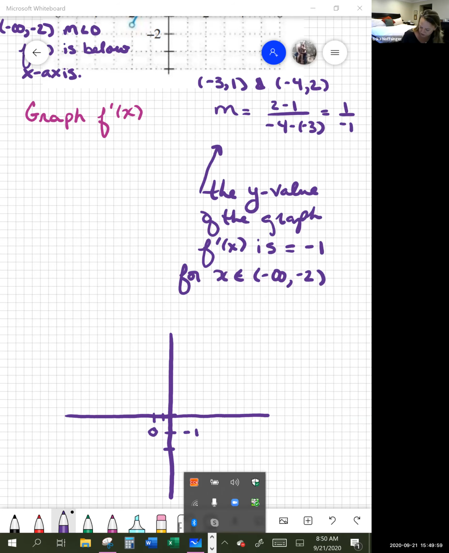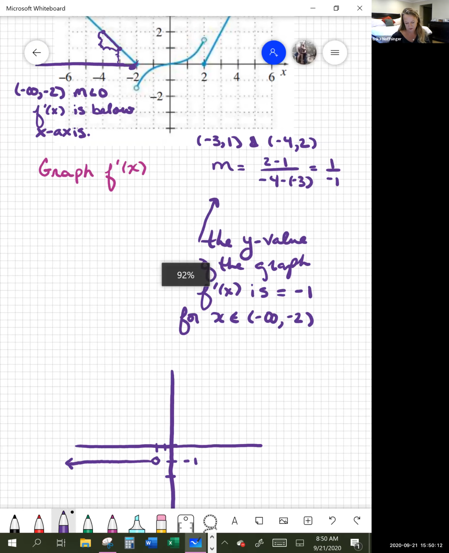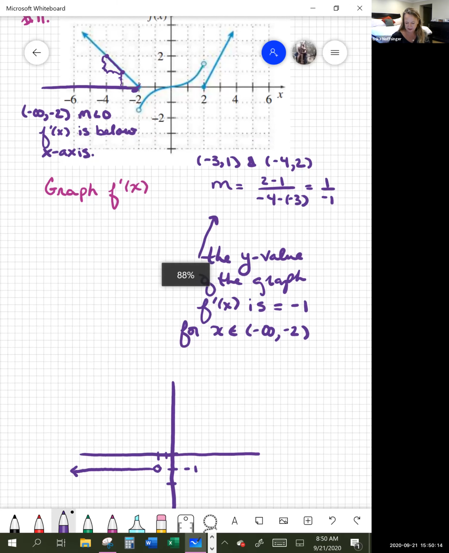I'm going to put an open circle at that point, (-2, -1), and that's a horizontal line. Okay, so that was just for that piece.